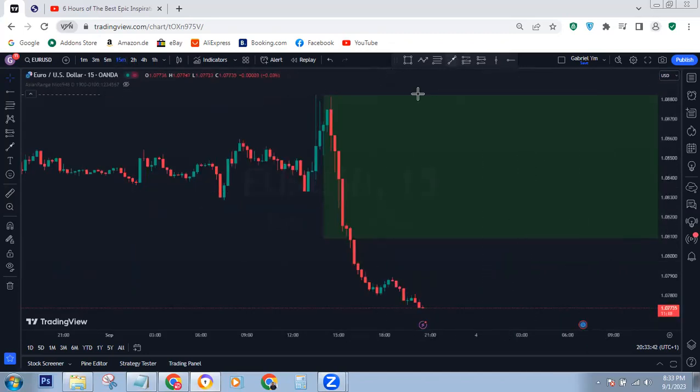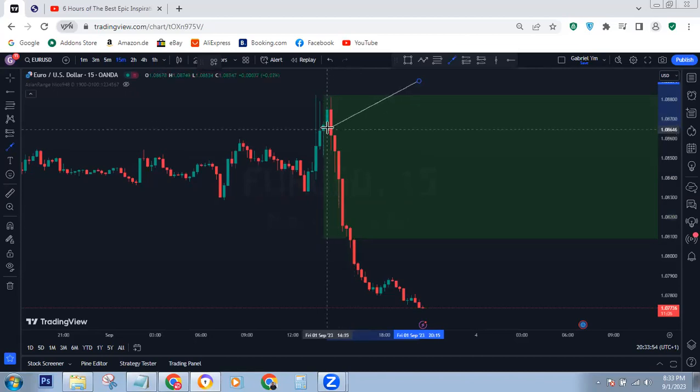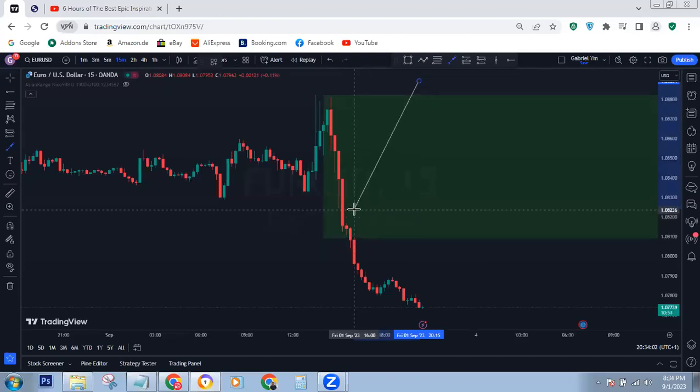Count with me. Look at the box. At the back, 1, 2, 3, 4, 5, 6, 7. Oh, I didn't count this one at the back. You see, that is how many of these 15 minutes candles are inside one 2 hour time frame candle.